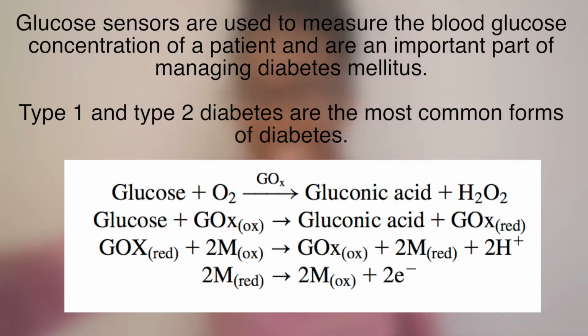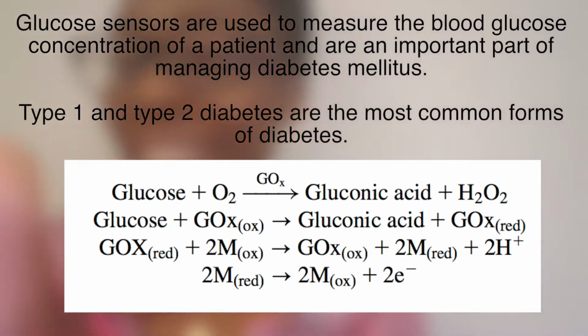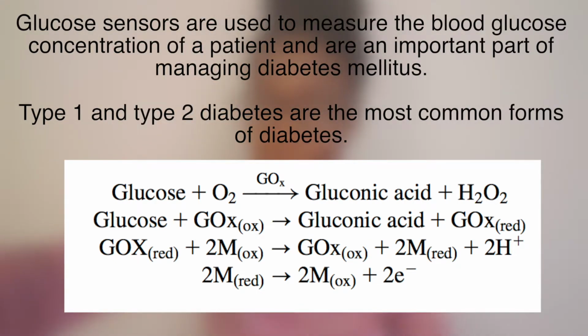Because glucose sensors are usually characterized as amperometric sensors, they have a reducing property that allows current to be measured. The current is measured through the enzymatic reaction that happens between the glucose, the enzyme, and the mediator. In this reaction, the glucose reacts with the enzyme.